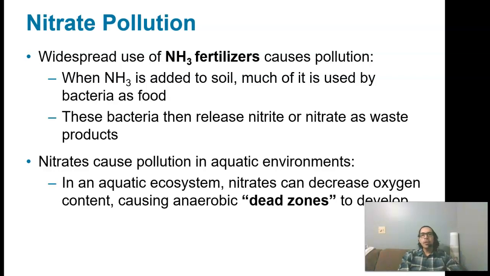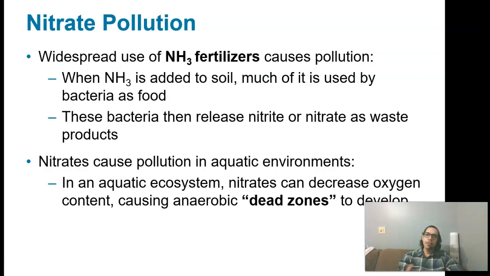So, nitrate pollution. With the widespread use of ammonia fertilizers, a lot of farmers add ammonia to their crops to help them grow. But then once the crops and the bacteria use the ammonia, you get nitrates as a byproduct.